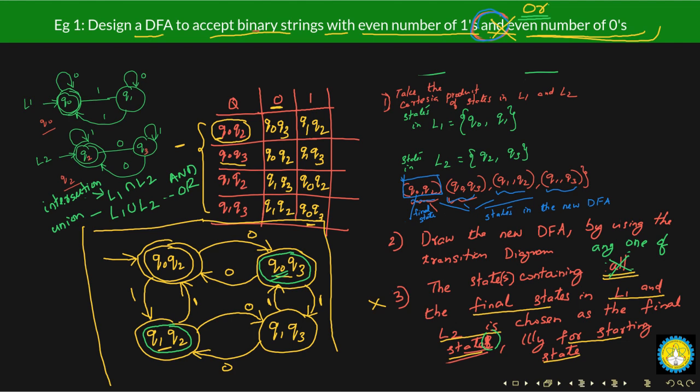It can be like even number of ones and odd number of zeros, or odd number of ones and even number of zeros. Similarly, odd number of ones and odd number of zeros. So this question can be framed in many different ways, right?